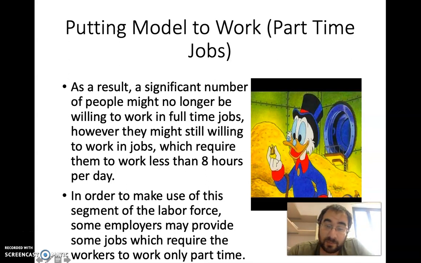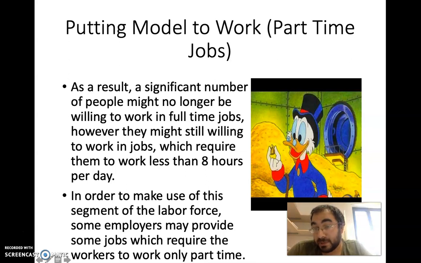According to some views, the rise of part-time jobs might be a result of this fact. Some people might be willing to work less than full-time because the overall wealth level in society has increased, as in developed countries, people become more wealthy.